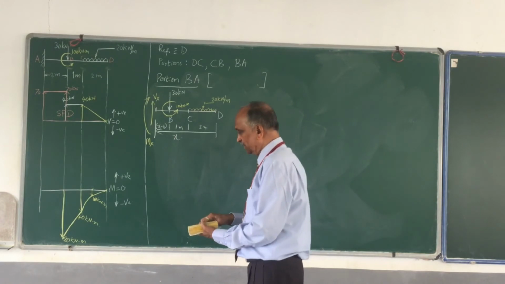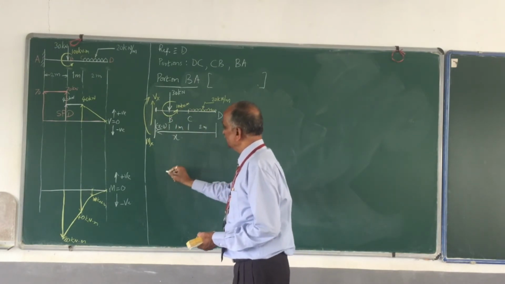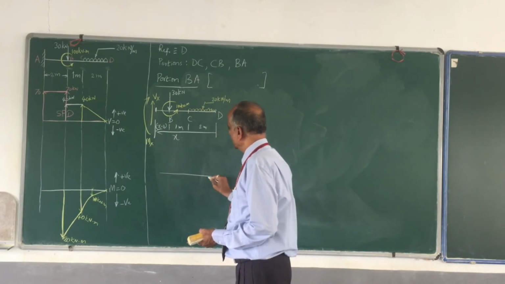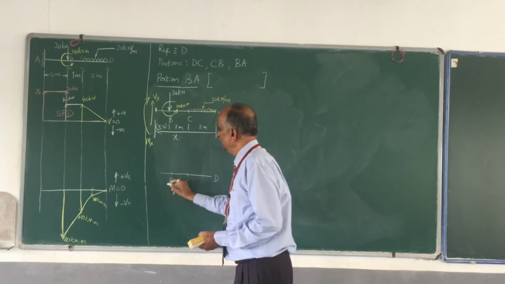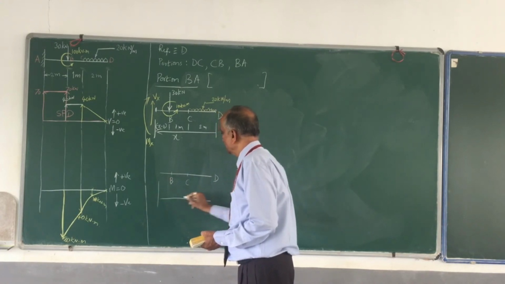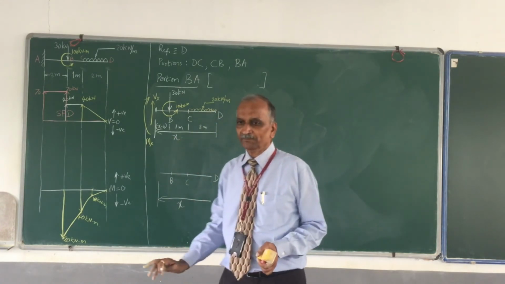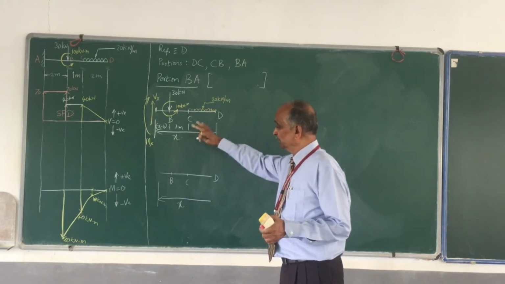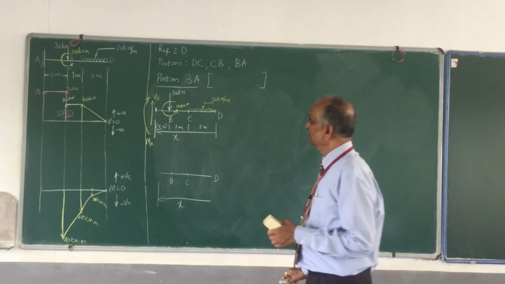Bending moment, let me write down. Okay, start with Mx. Since I have a UDL here, I shall draw D, say this is C, and say this is B, and this is my x. Whenever you are dealing with a UDL, if you have to write down the Mx expression, before you do that, you replace the UDL by a point load.